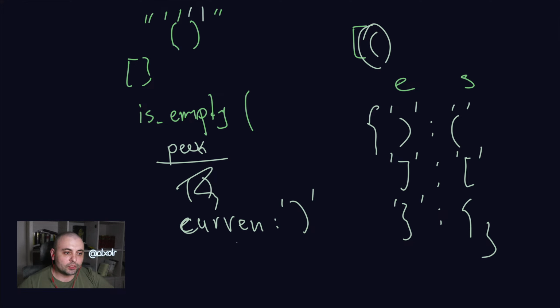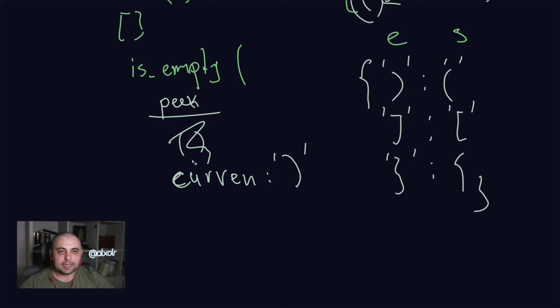Then we check if on top of the stack it's this character, which would be our pair. Then we'll be popping this character from the stack. So the stack would be empty in this case, and we'll be processing everything.